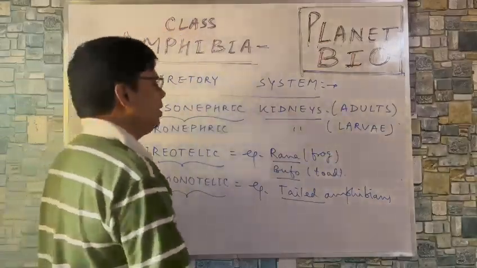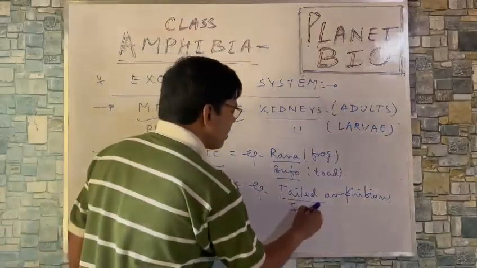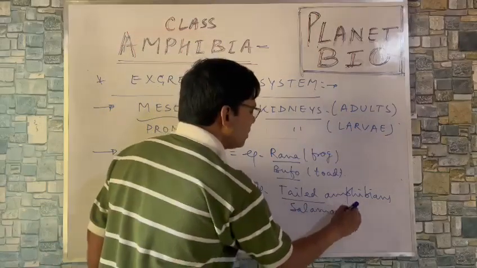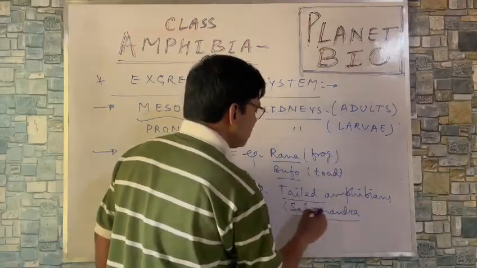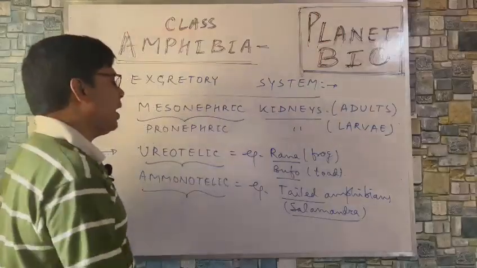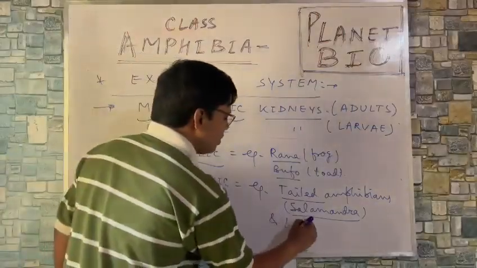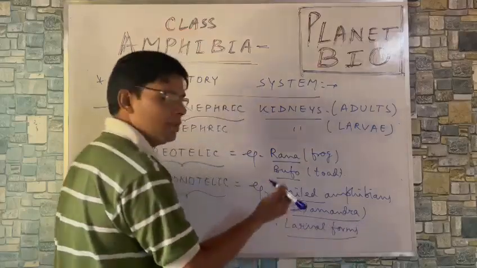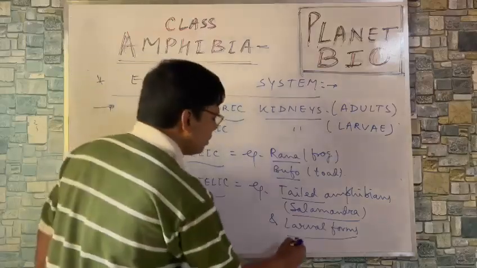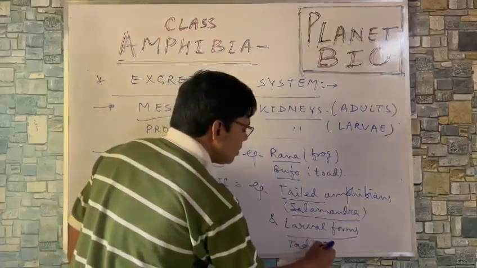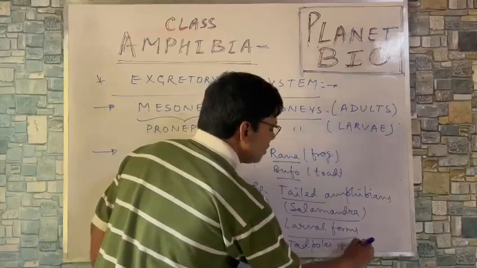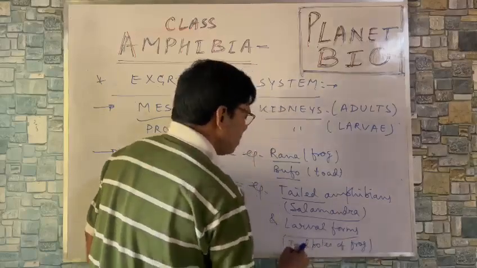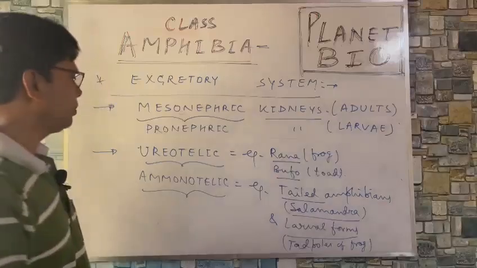Tailed amphibians, for example salamander. And larval forms, for example, tadpoles of frog.